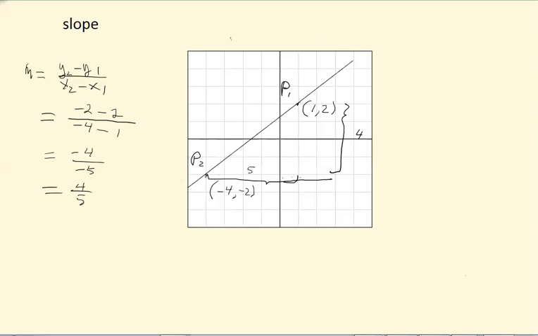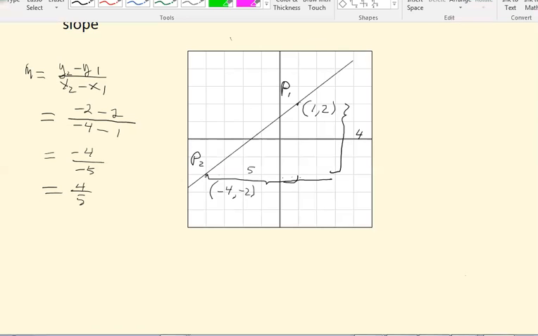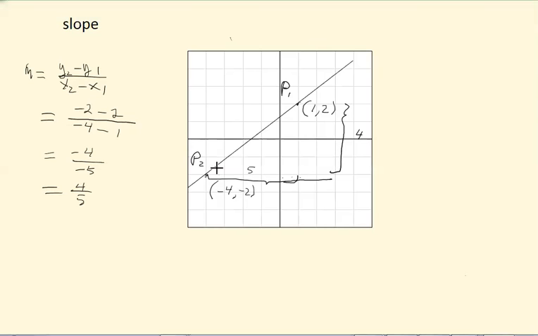I think everybody knows what parallel lines look like, but let's draw one anyway. For instance, one that starts here and comes up approximately like that. Okay, that would be parallel to this other one.